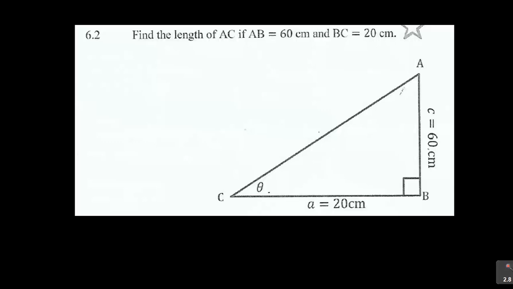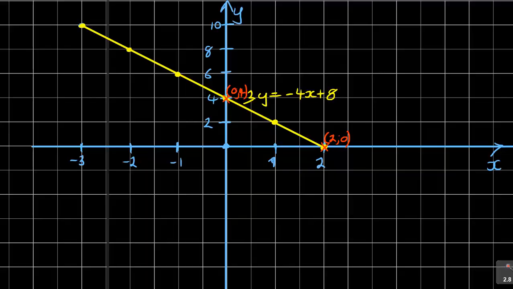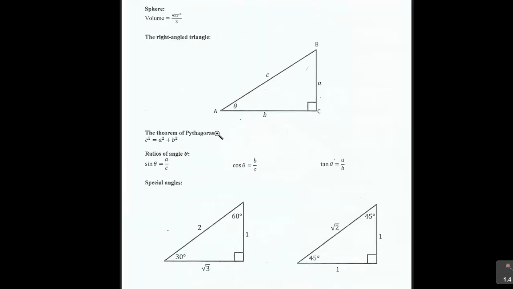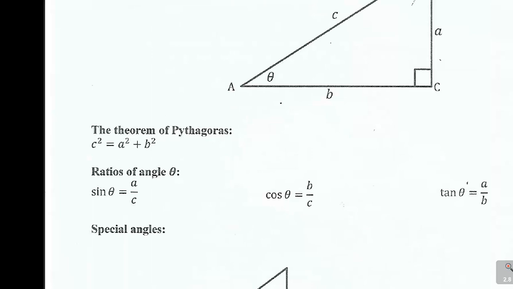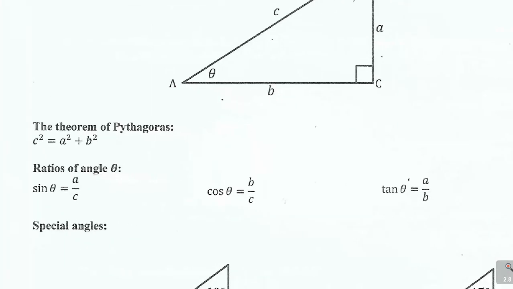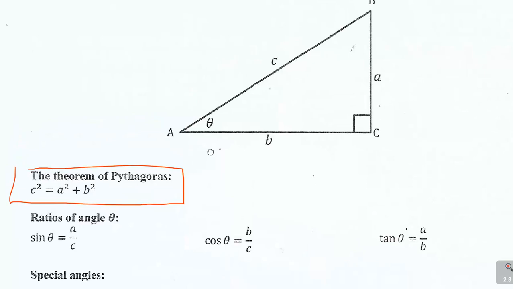Now this is the theorem of Pythagoras that is used if you know Pythagoras. If I go to the formulas, I have the Pythagoras theorem, and this is the one that you are using here. On the triangle, c squared is equal to a squared plus b squared.